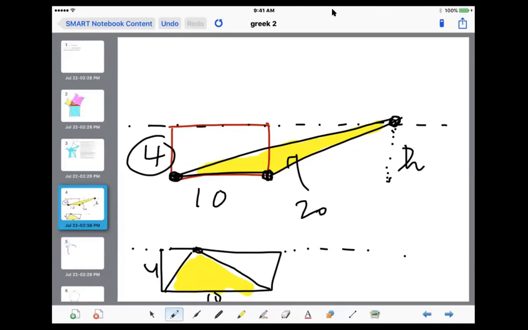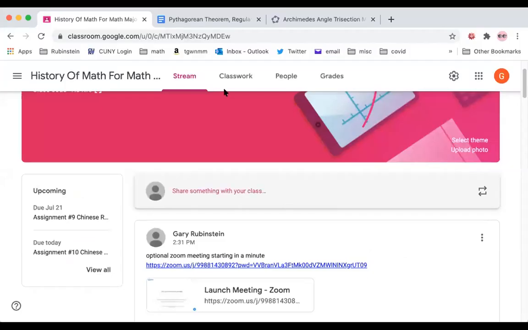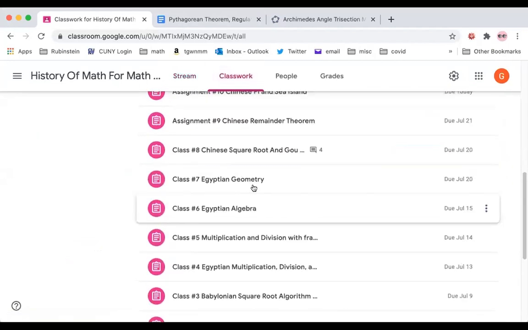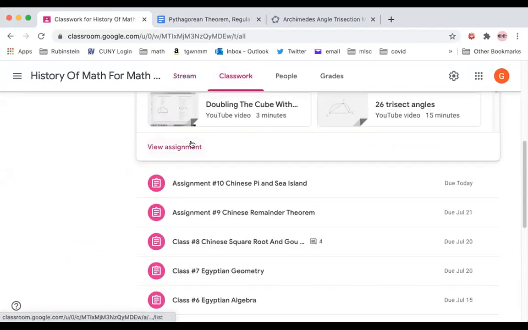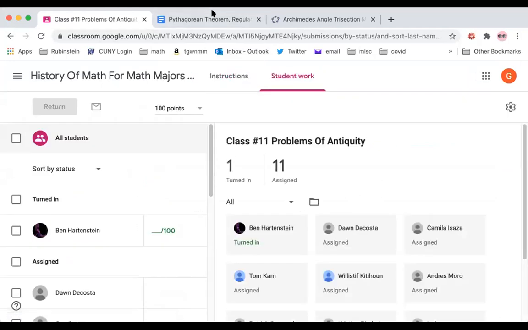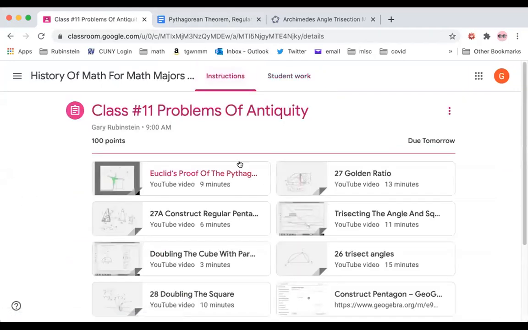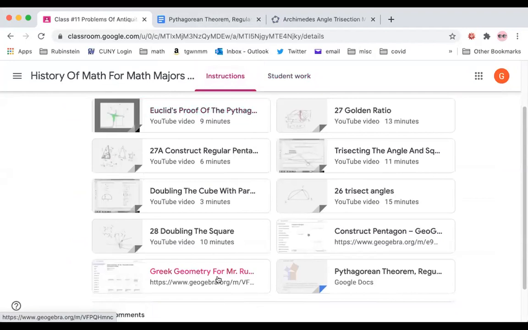I'm going to switch for a second, and I have a link to this. When you go to the Google Classroom for today's lesson, you will see a link. There's a lot of videos and different things, but one of the things in there is it says Greek geometry for Mr. Rubenstein.